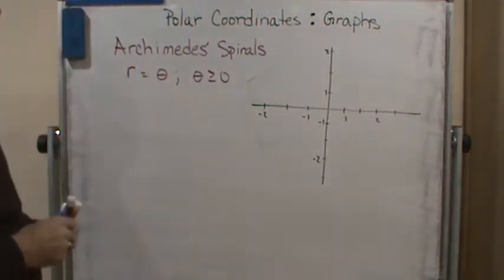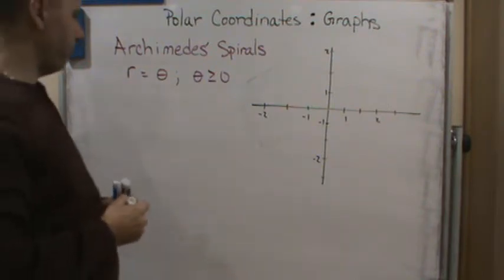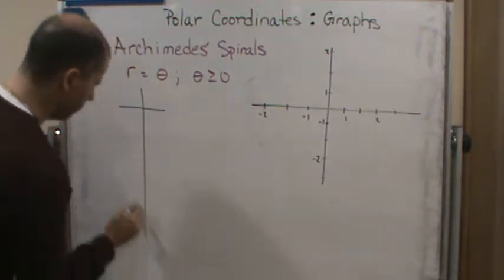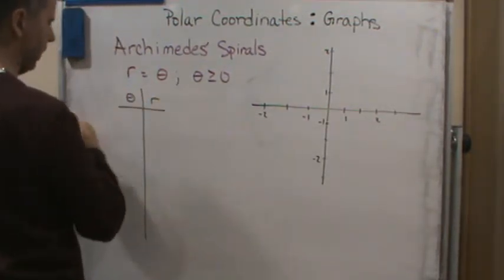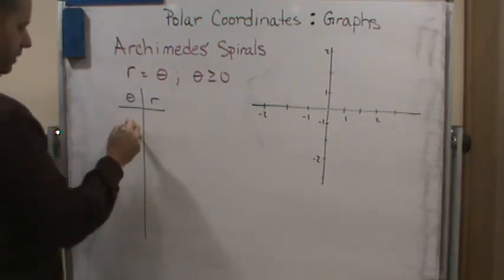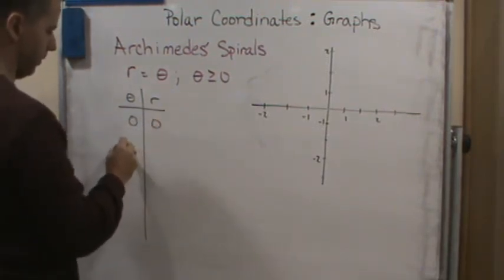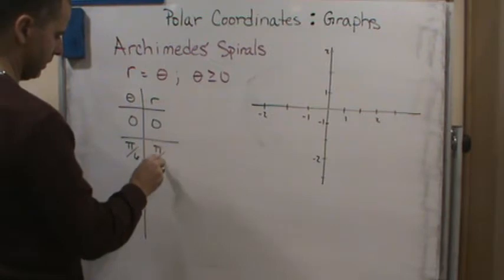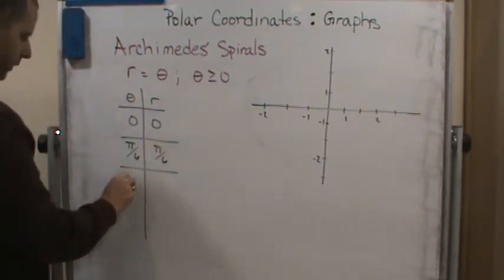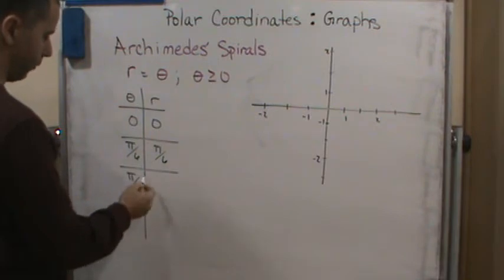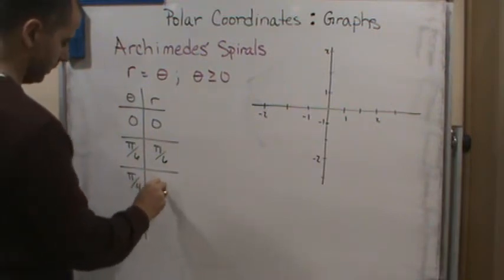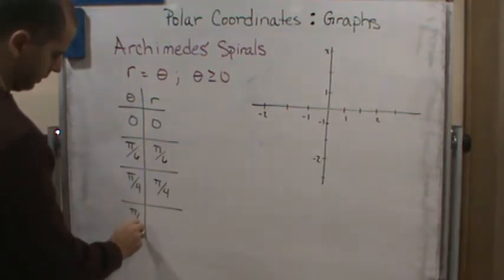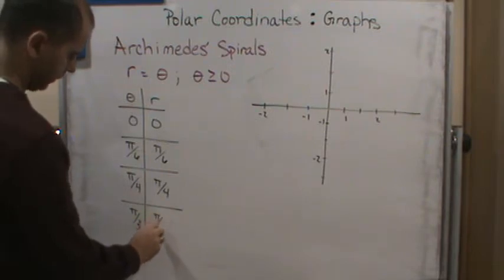Okay, so basically if we have a table, theta and r, it just says when theta is 0, r is 0, and when you're at pi over 6, this is pi over 6, and when this is pi over 4, this is pi over 4, and when this is pi over 3, this is pi over 3.